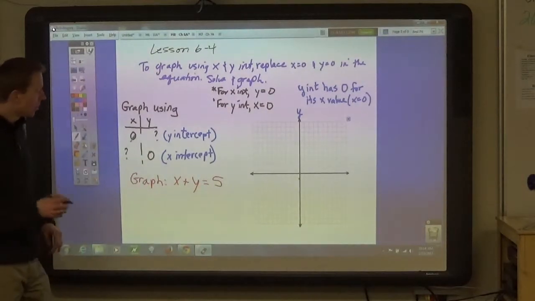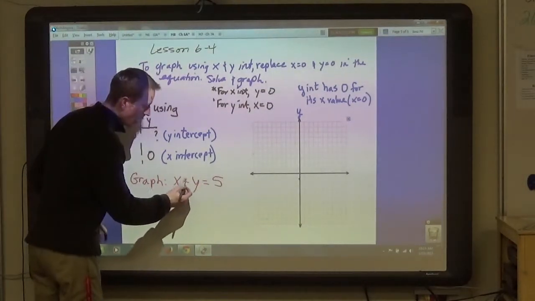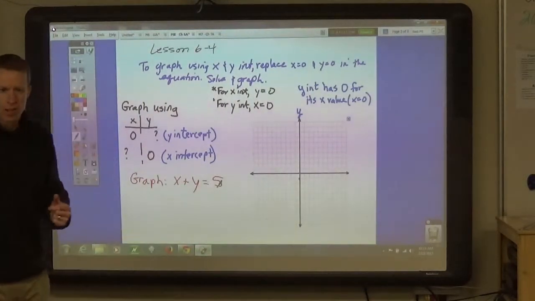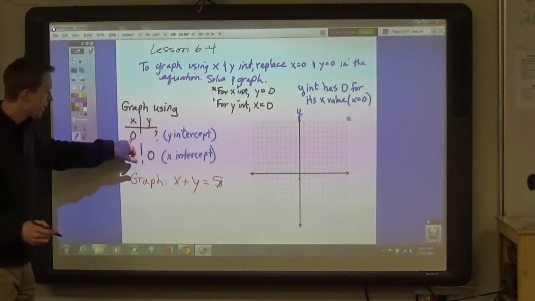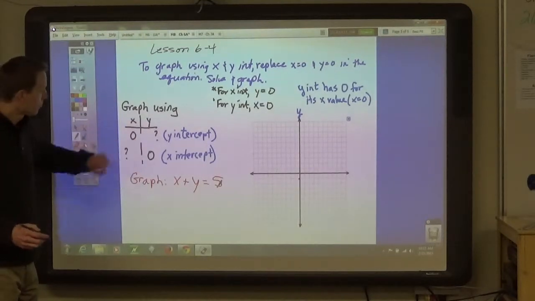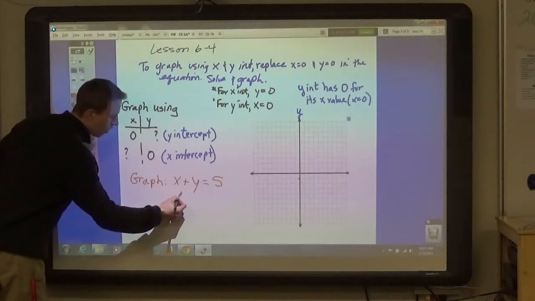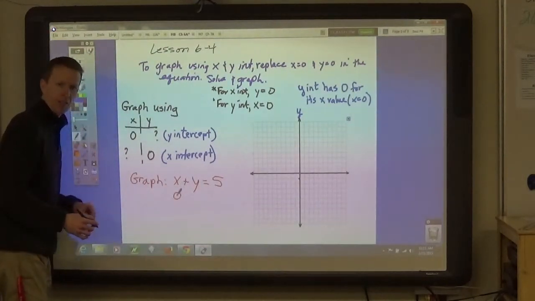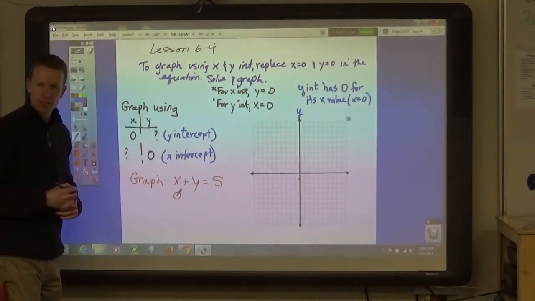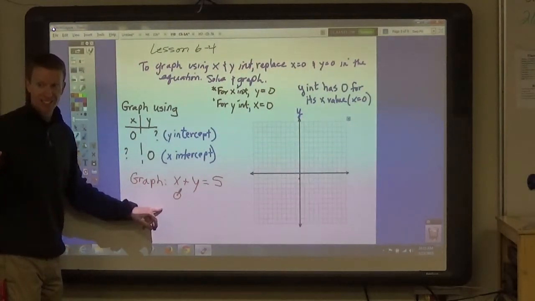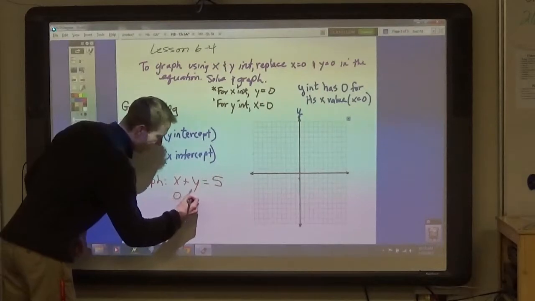Okay? So let's say that you have this equation, x plus y equals 5. It has the x and the y in it. And if you use the y-intercept, you make x 0, then what would y be? 0 plus what equals 5? 5.